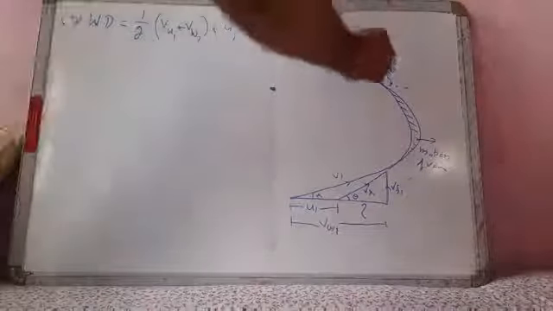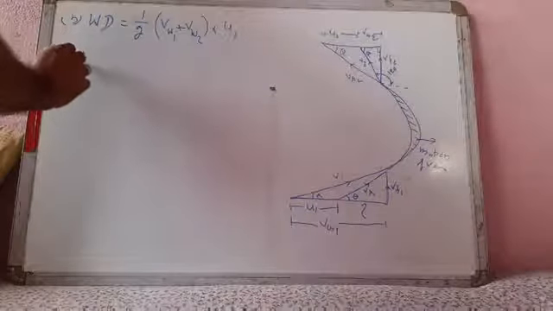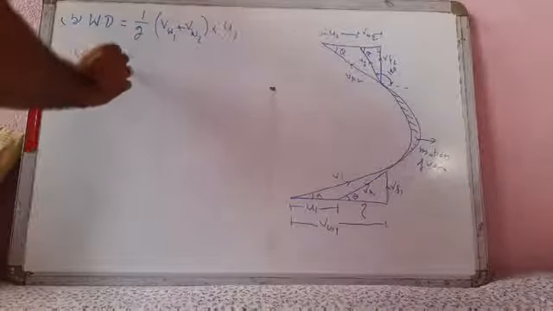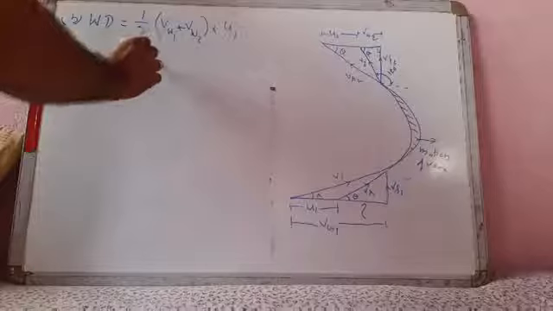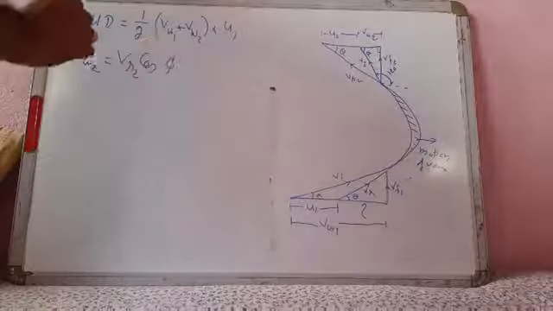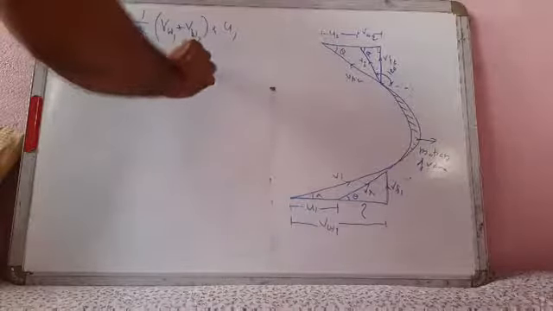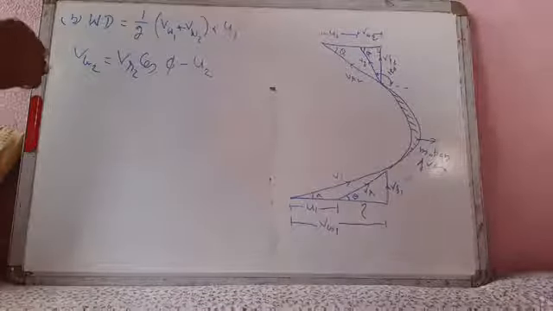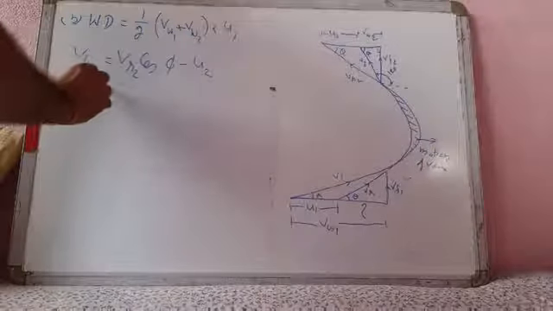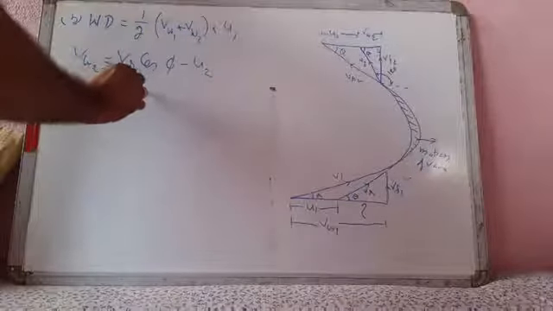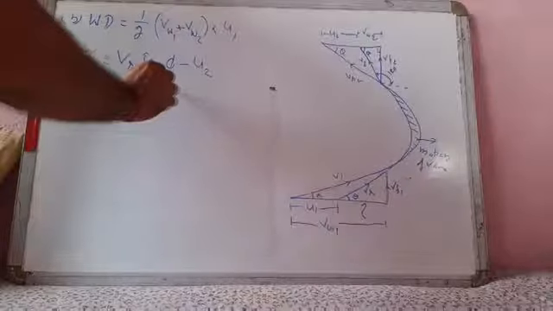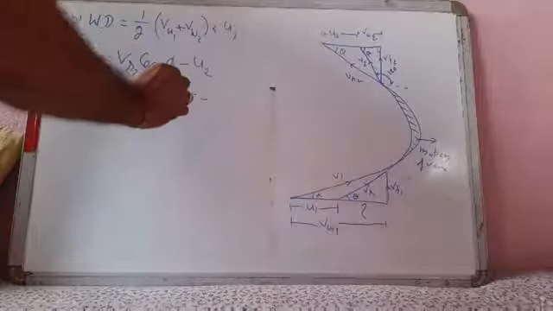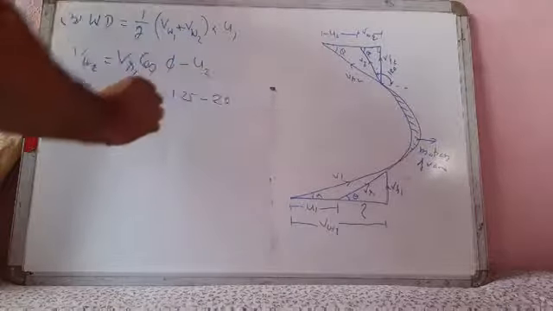From this outlet velocity triangle, VW2 equal to VR2 cos phi minus U2. Putting the values here, 20.25 cos 1.25 minus 20.